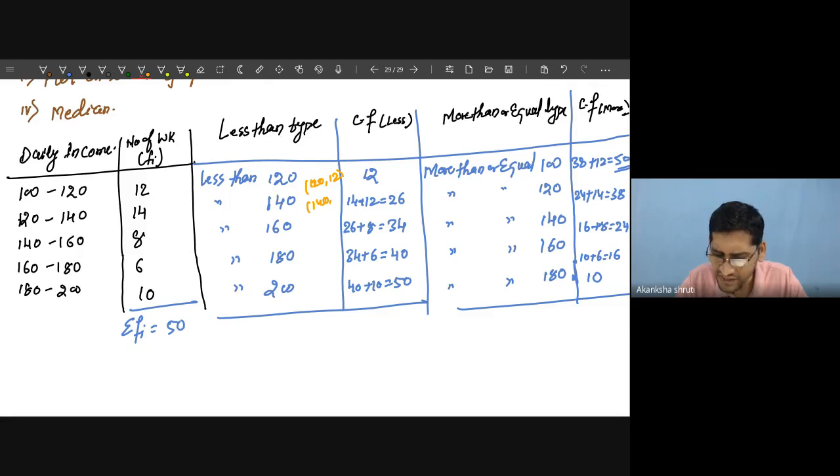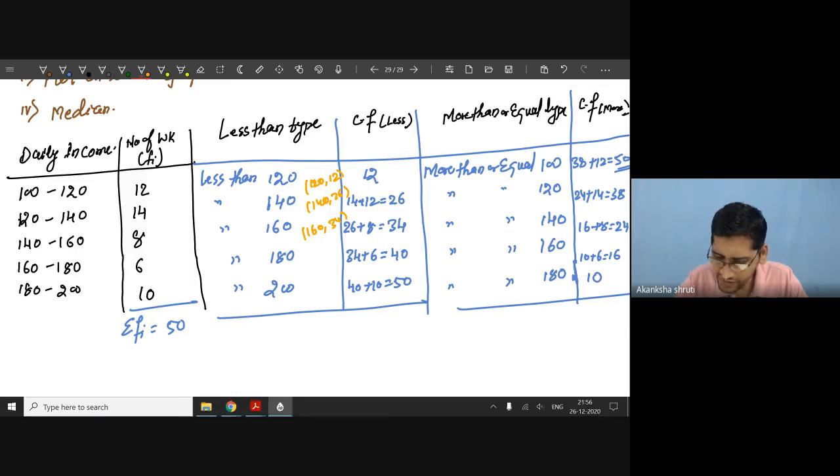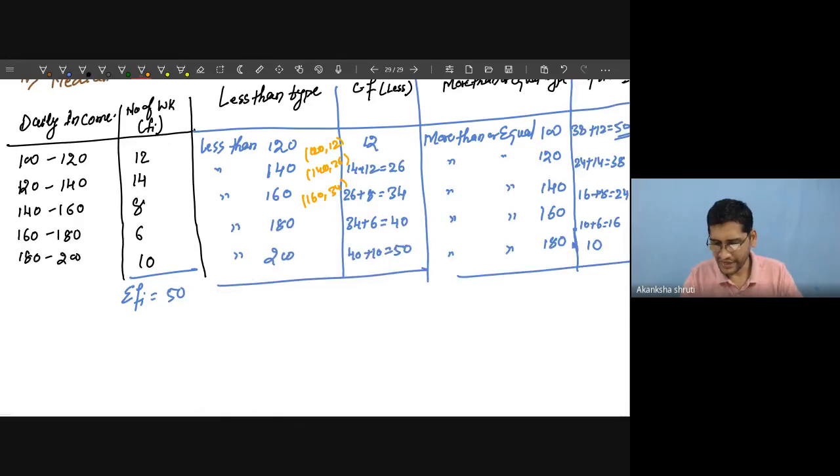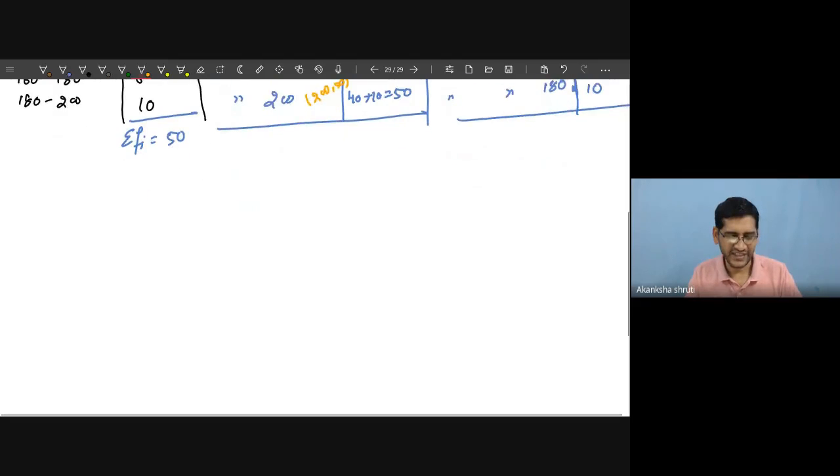Next one 140, 26. Next one 160, 34. No need to write this pair, but for explanation, to make it easier, I am putting 180 and 40, and lastly 200 and 50. Okay, so this will be for our less than type. So let me draw the less than type first.